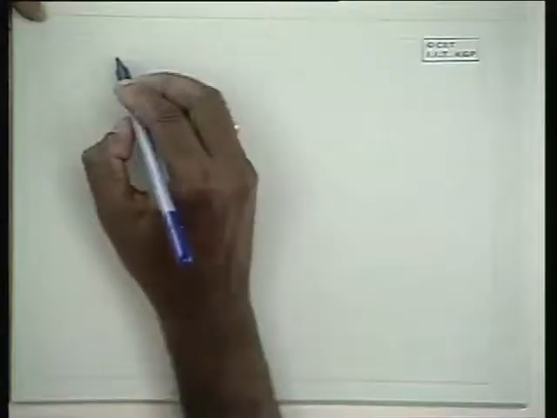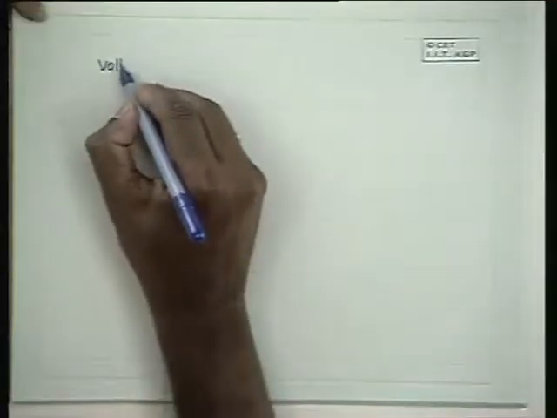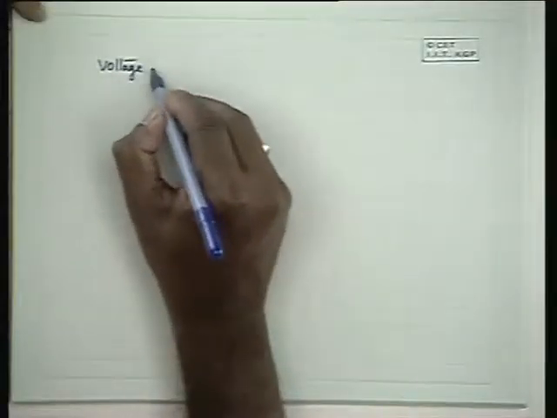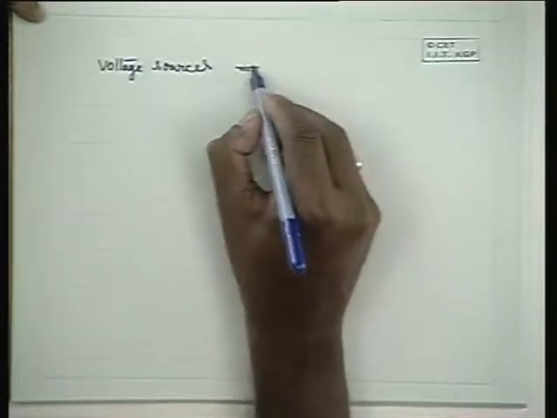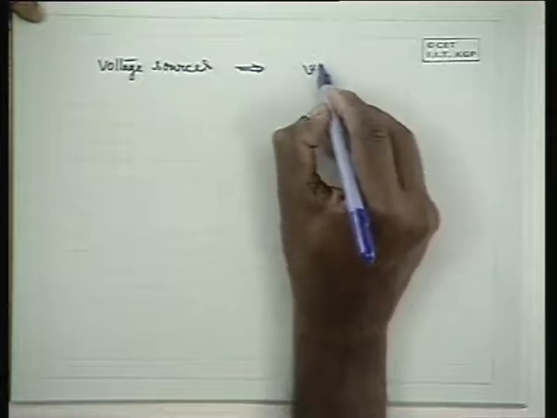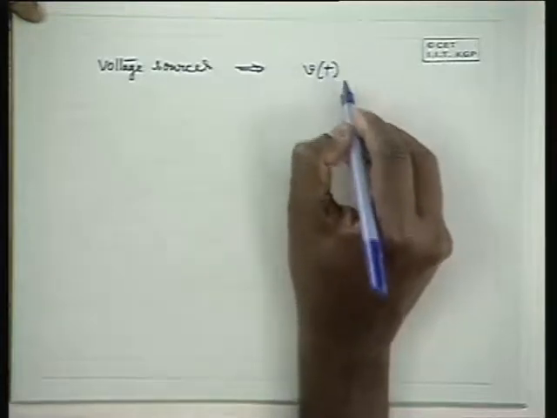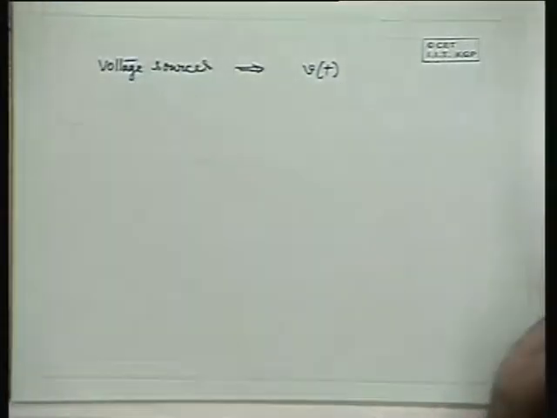Some sources give you voltage as the signal. Such sources are known as voltage sources. Voltage sources give you a voltage signal as a function of time. The voltage may be in millivolts or volts.